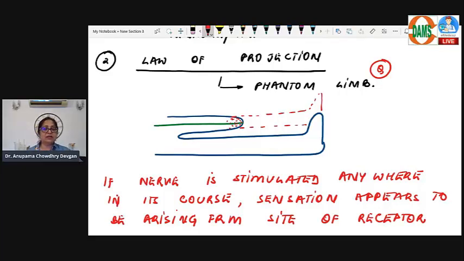Site of receptor. If a nerve is stimulated anywhere in its course, sensation appears to be arising from this site. That is called the law of projection.